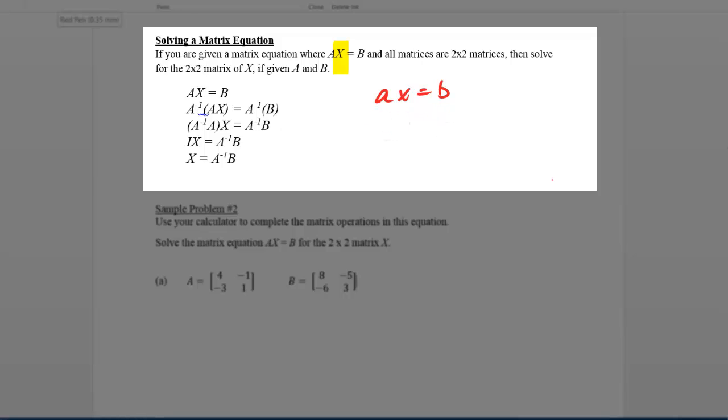You can't divide by a matrix. So we have to revert to the multiplicative inverse. And so if you remember, the multiplicative inverse would have us multiplying both sides times 1 over A, which in effect does the same thing as division. However, since we're using matrices and not real numbers, it works out a little differently.